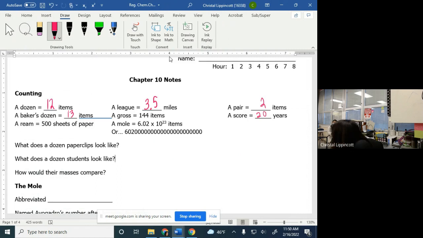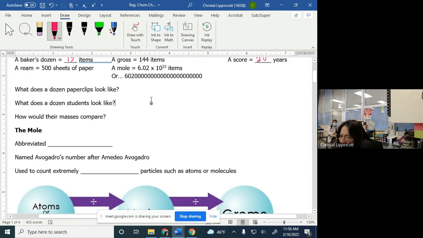You kind of figured out yesterday how many pennies would fit in the room and that sort of thing. So think about a dozen paper clips. What does that look like? Can you visualize what that looks like? And then visualize what a dozen students looks like. What would a dozen students look like? Okay.